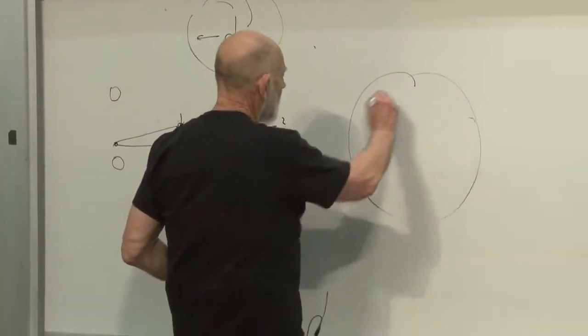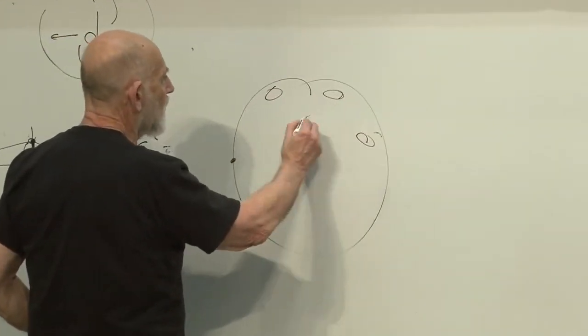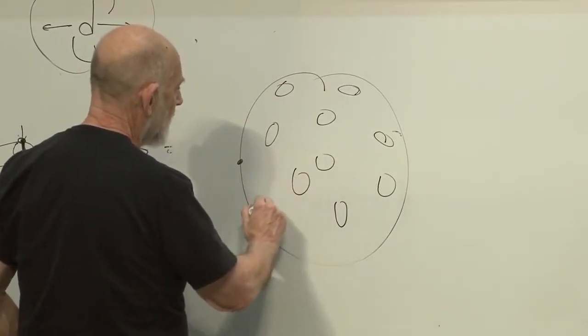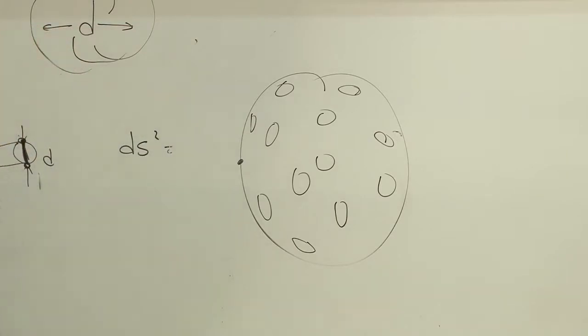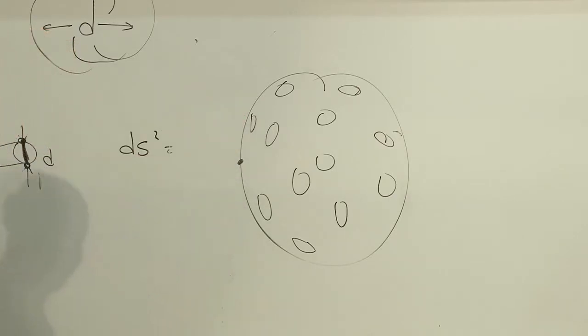All right, so here we are. We're over here, and we're looking out at the galaxies, which are all about the same size. They fill the space pretty much homogeneously. We can tell how far they are from us in the same way as before. We can measure their angle. Let's see what we get.